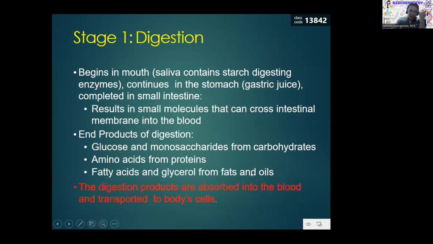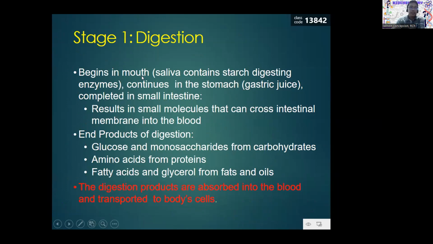But let's talk about first, just a recap on the first stage or the stage for digestion. Actually, we have already discussed this in our laboratory and in our lecture. Correct? So, the digestion, where does it start? Starts in our mouth. Kailangan muna nating ibuka ang ating bibig, syempre, ngumuya.